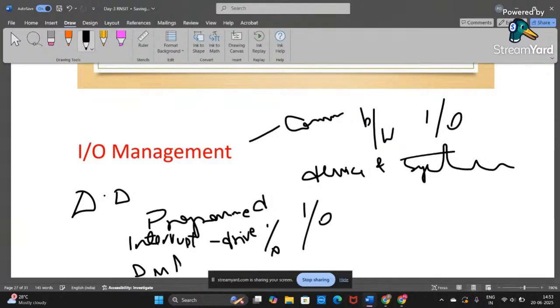DMA means direct memory access. These are the three techniques used in I/O management, input and output management.